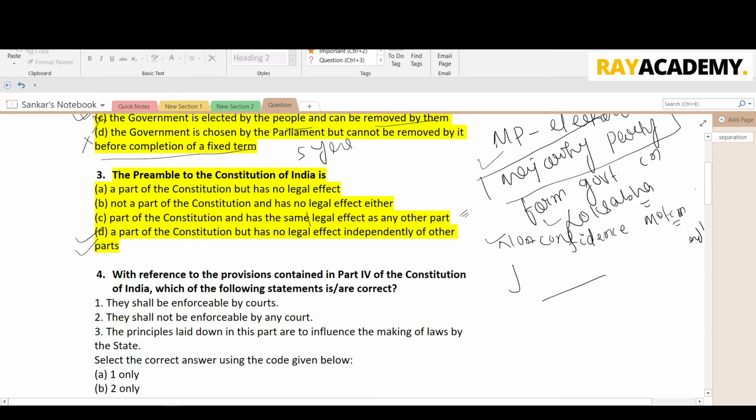No, it does not have legal effect. The preamble does not have legal effect and is not like other parts. It is independent. The preamble is separate. The preamble does not have legal effect and is independent of other parts.